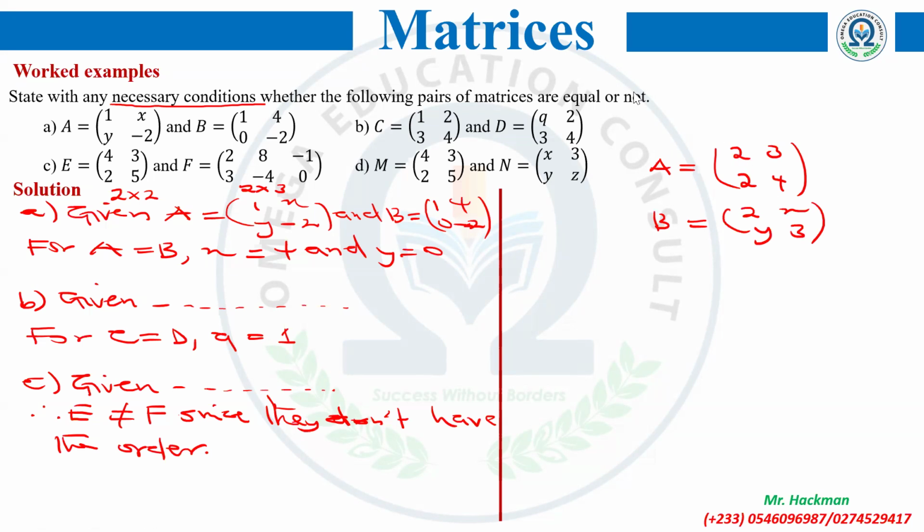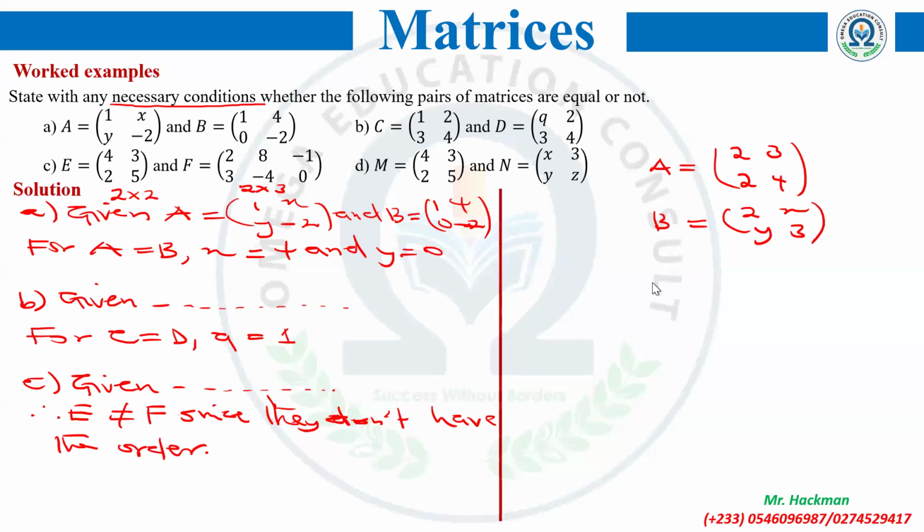Prof. Carol, you just answered. Let me call another person. If they have the same. Prof. Martin, let's go. For the two matrices to be equal, X should be equal to 3 and Y should be equal to 2. That is Prof. Martin's answer. Any other?